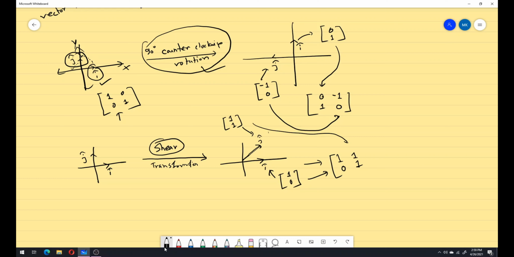Right? So the point established from today's class is that matrices are a language to describe linear transformations, right? So every time you see a matrix, you can interpret it as a certain transformation of space.